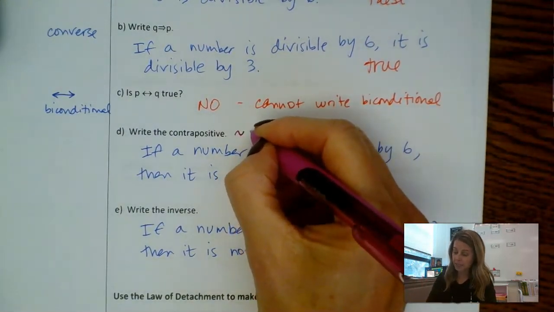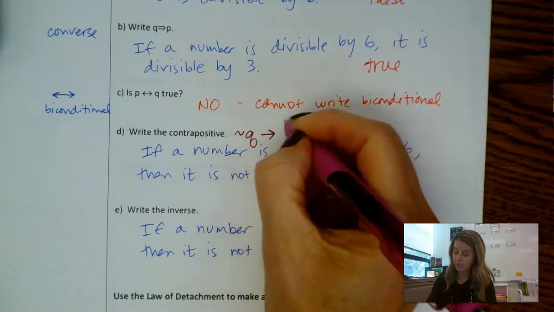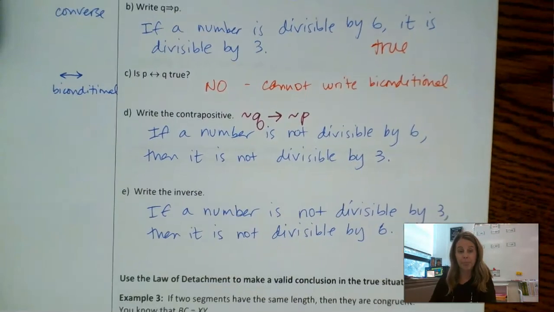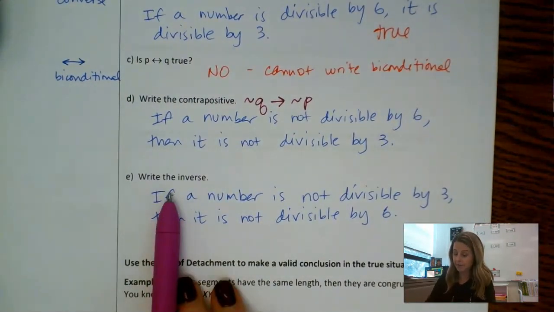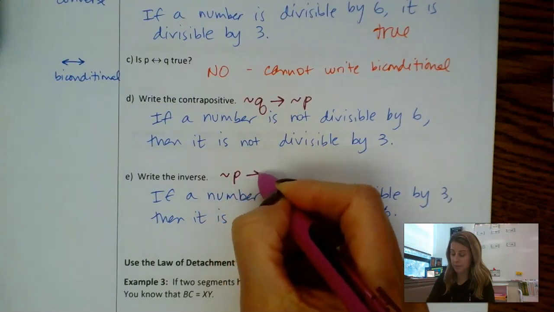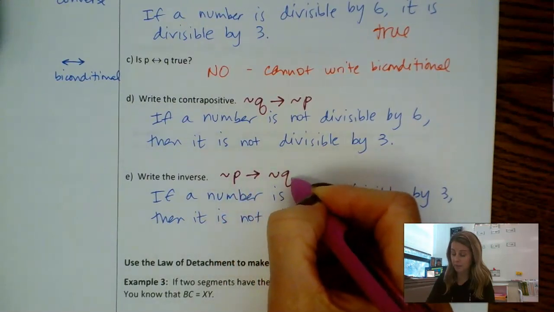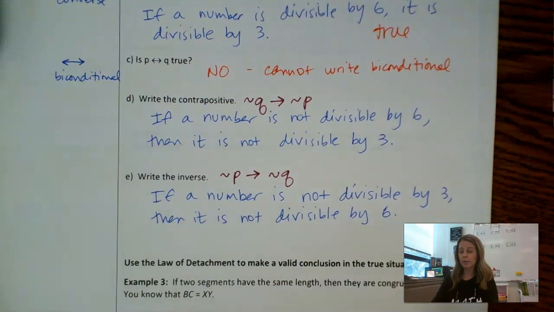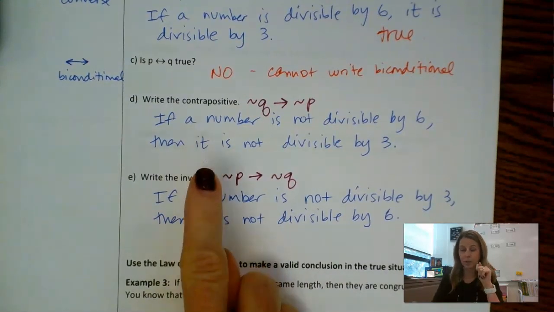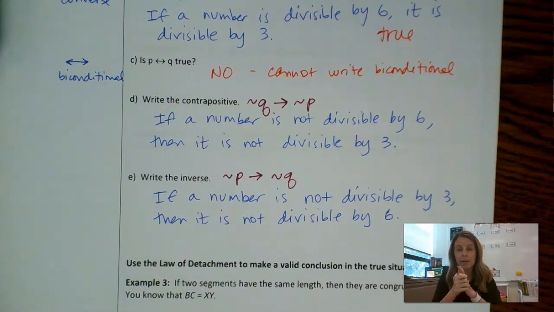So it would be written as not Q leads to not P. And then inverse, we just flip these around: not P leads to not Q. I want you to work on both the notation and the terms, inverse, contrapositive. That way, the notation helps you write the sentence a little easier.